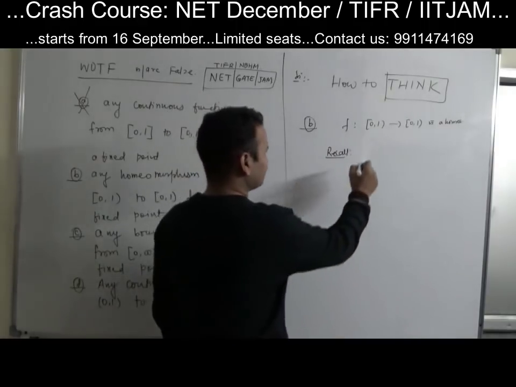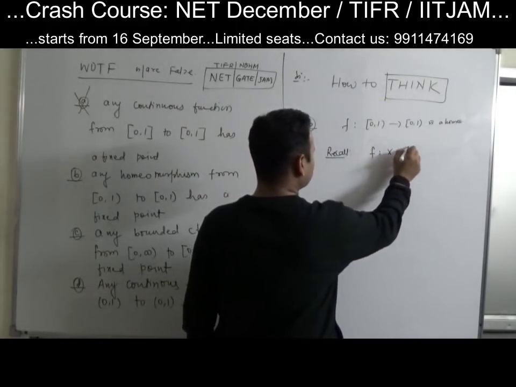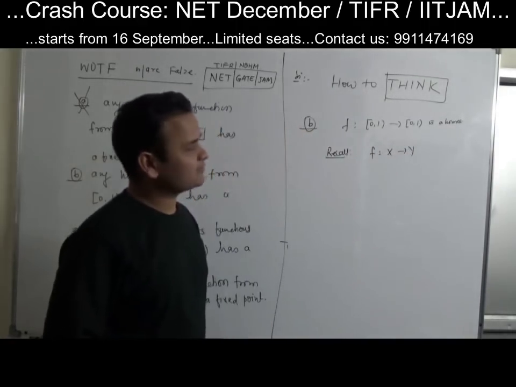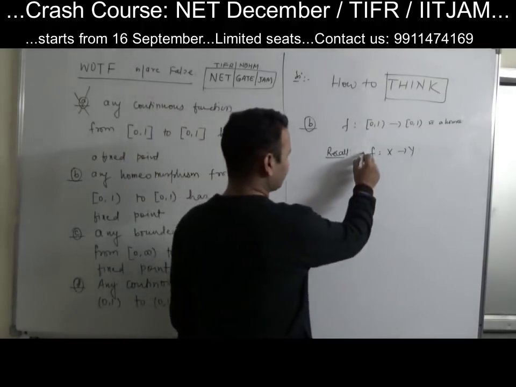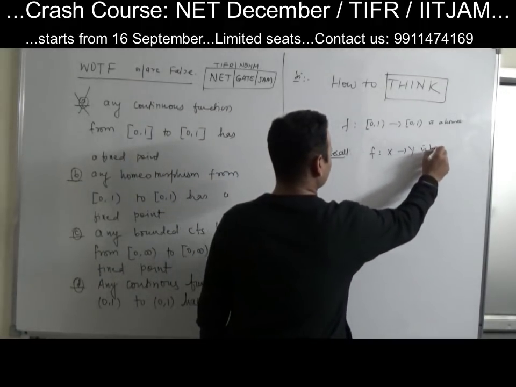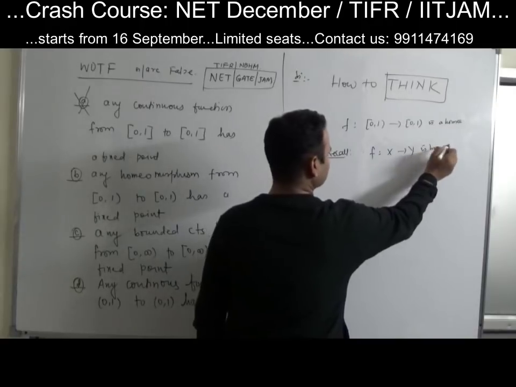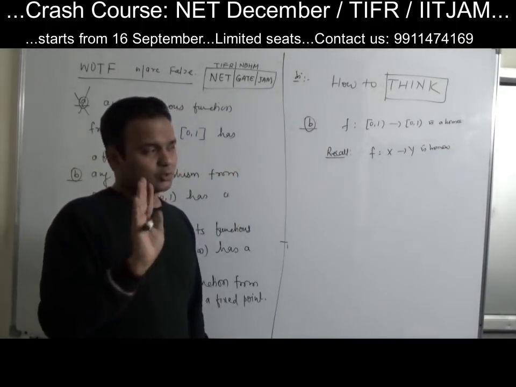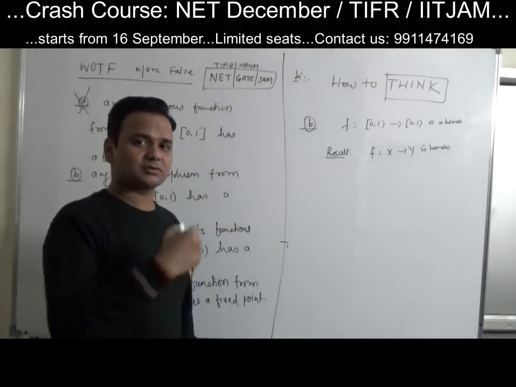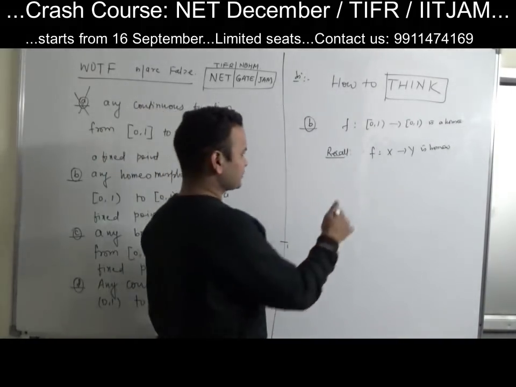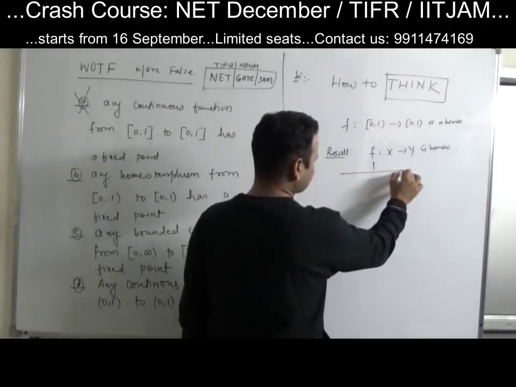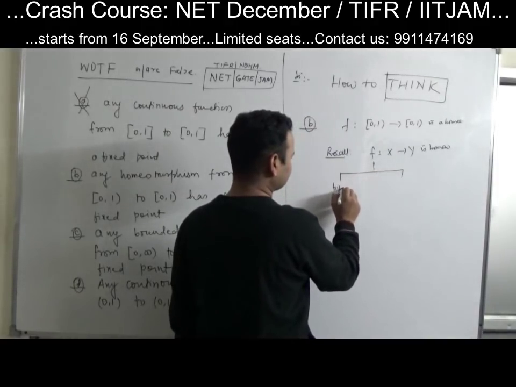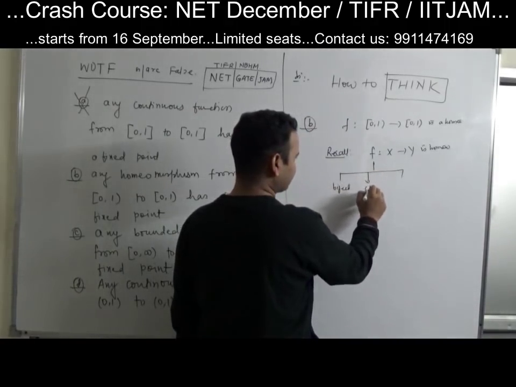In general, if X and Y are metric spaces, what do we mean by a homeomorphism? Homeomorphism, not homomorphism. Don't be confused between homo and homeo. Homo is for group structure and homeo is for topological spaces. This means the function should be bijective, continuous, and its inverse should also be continuous.